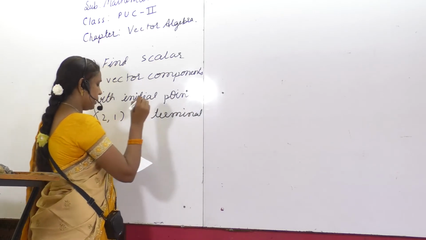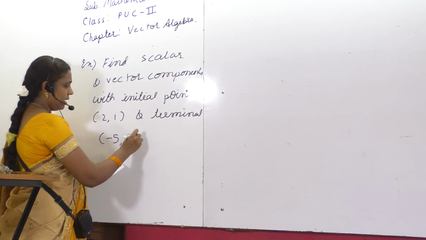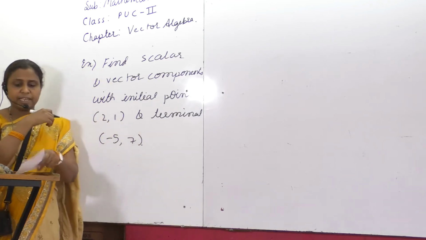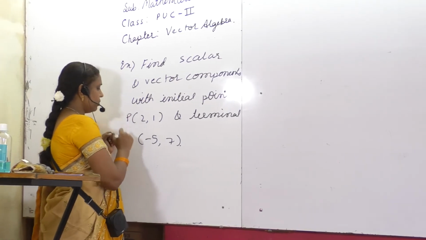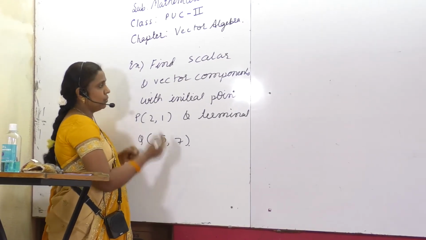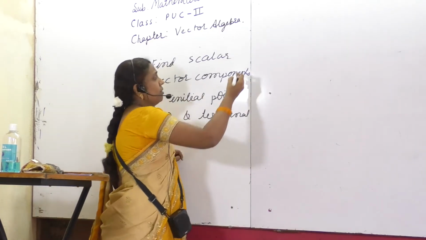Terminal point means the last point. 2 points will be there. With the 2 points it makes one line, and a line with a direction. Its direction will be like a vector. Okay, this is a point P. You can take this one as Q. Your choice. P, Q.